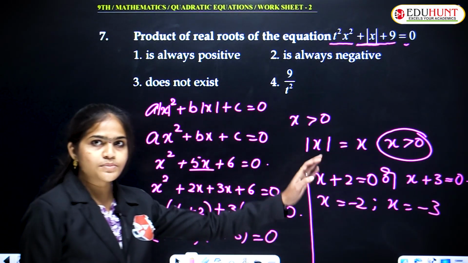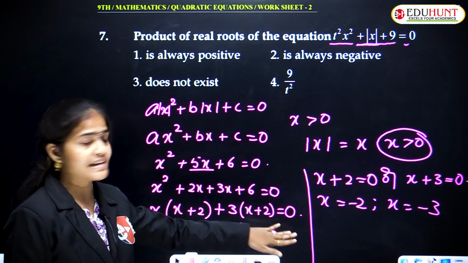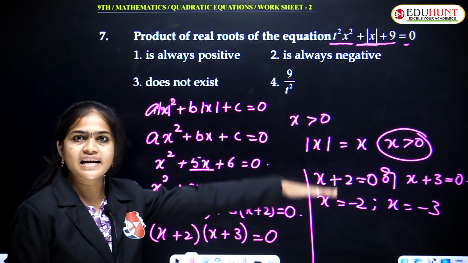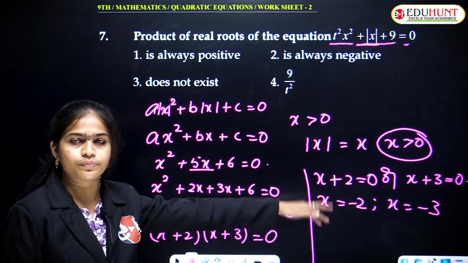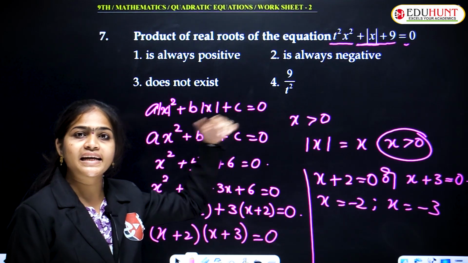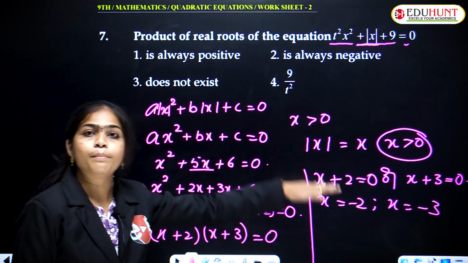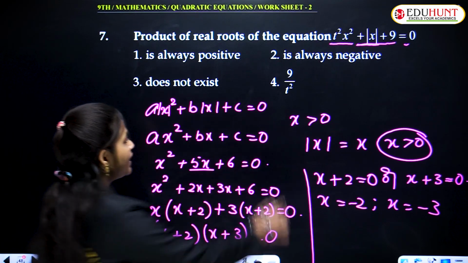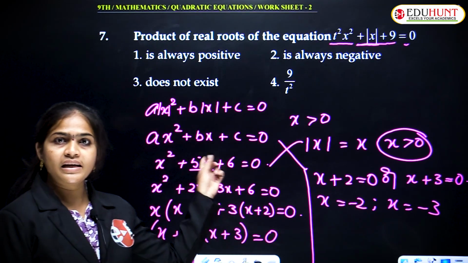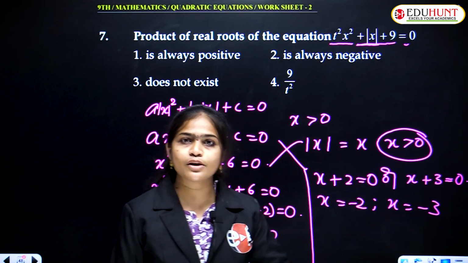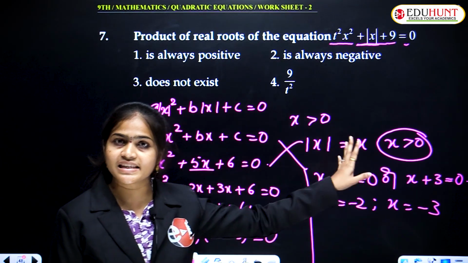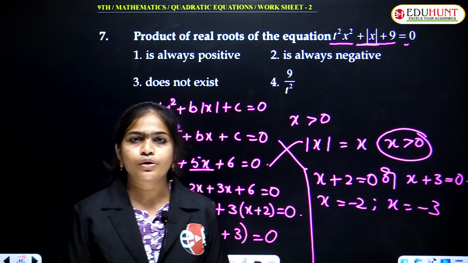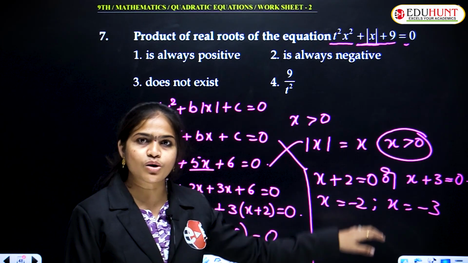So children, when you observe this condition, we took x greater than 0, which means the roots of the equation are positive, but here we got negative roots. So is it satisfying? No, it is not satisfying. So the number of real roots is 0. Why? Because we took the condition greater than 0, but we got values less than 0. That's why real roots do not exist.